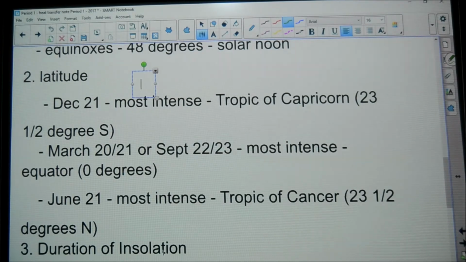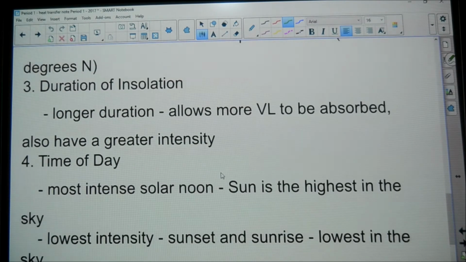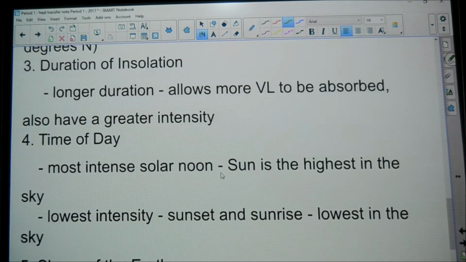Duration of insolation. Now, going back to that one diagram that we had with astronomy, it had the celestial sphere. The higher the angle, the larger the arc. The larger the arc, the more daylight you had. The more daylight you have, you're going to have a greater intensity for your solar noon.